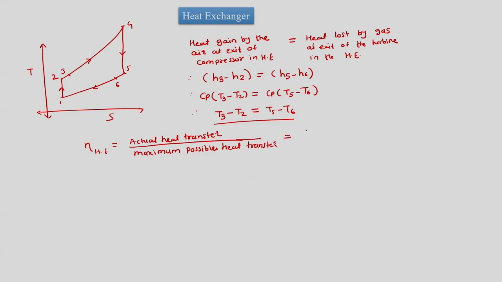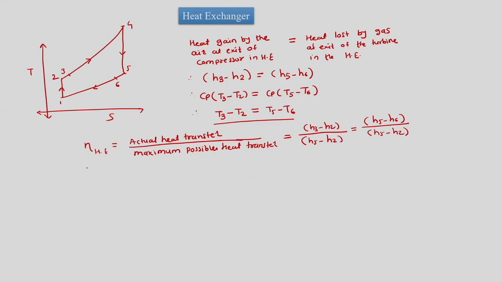So actual heat transfer is H3 minus H2 and maximum possible heat transfer is H5 minus H2, or otherwise actual heat transfer is H5 minus H6 and maximum possible heat transfer is again H5 minus H2.